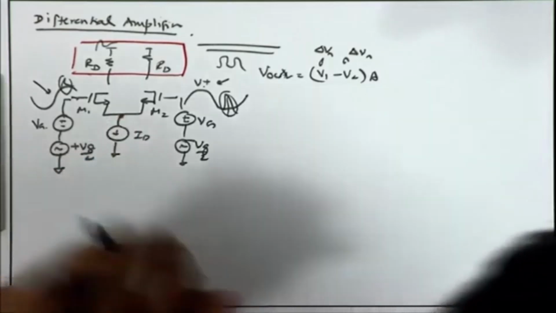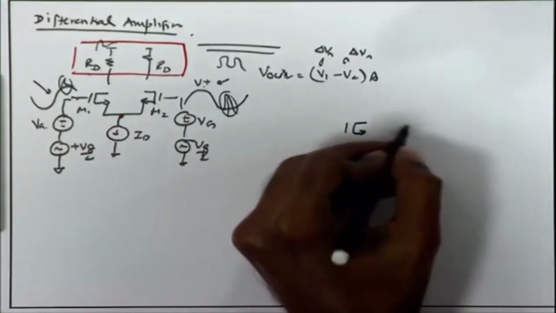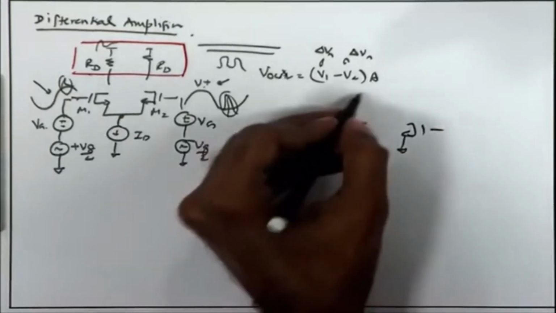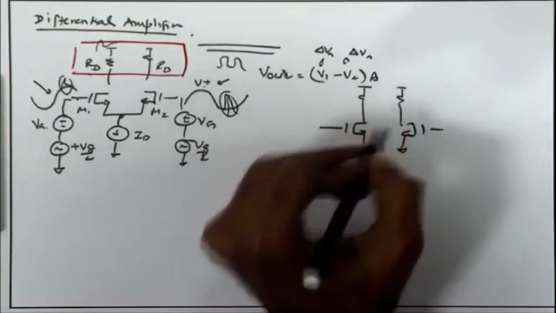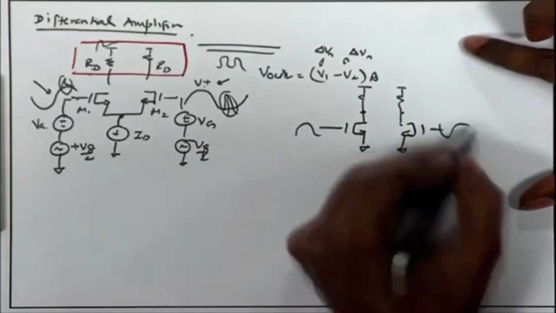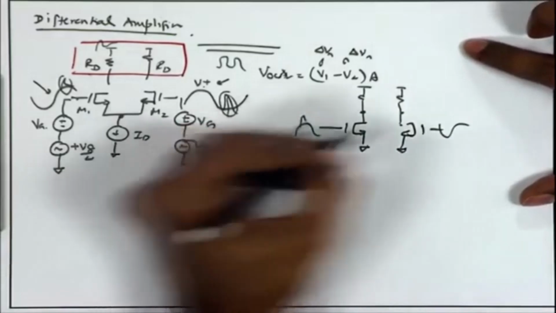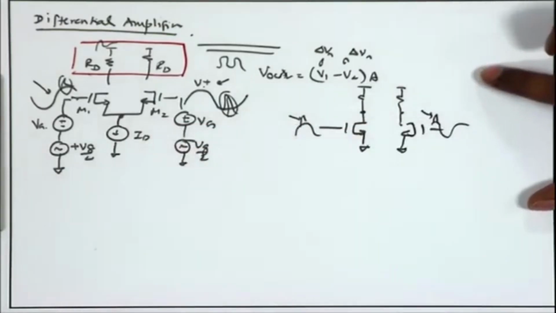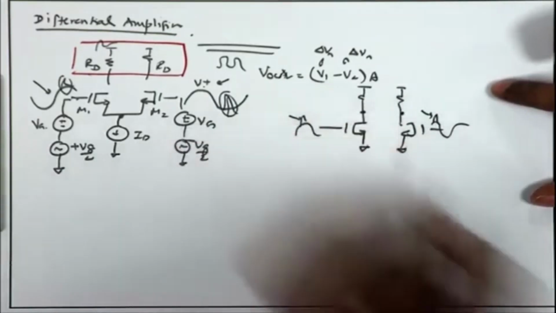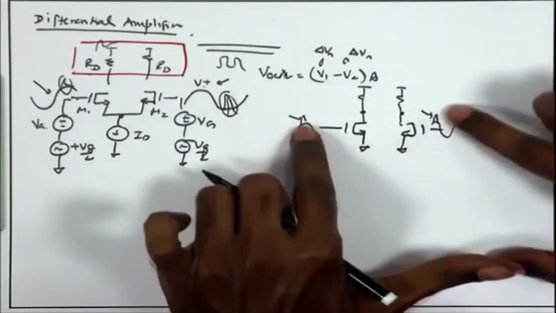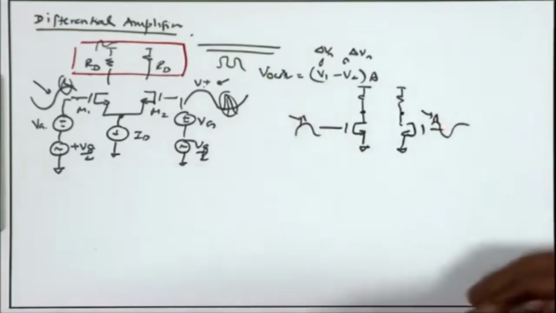If I try to answer this, suppose I directly connect two common source amplifiers to ground, and the input signal may be differential, and on top of that you have some common mode disturbance coming at some point. So this kink is a common mode disturbance. Can this circuit still reject the common mode signal?